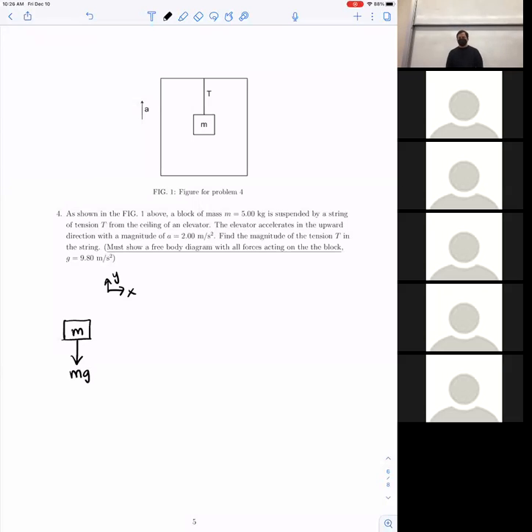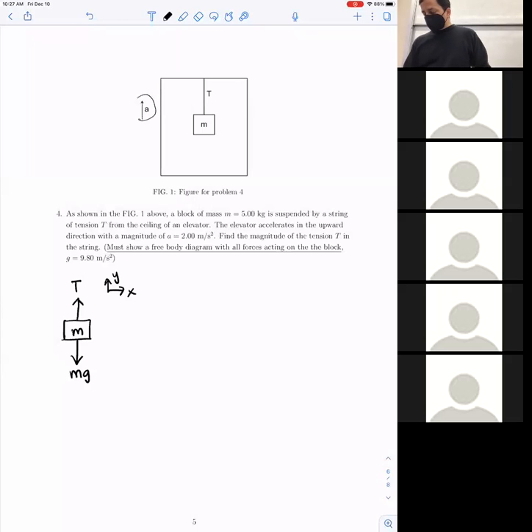It's the weight, that's the force. G is the acceleration due to gravity, but this is just the force, mg. And on this mass, the only other force acting on it is the tension from the rope. So all you get is a force of tension upward. That's it. These are the only forces acting on it.